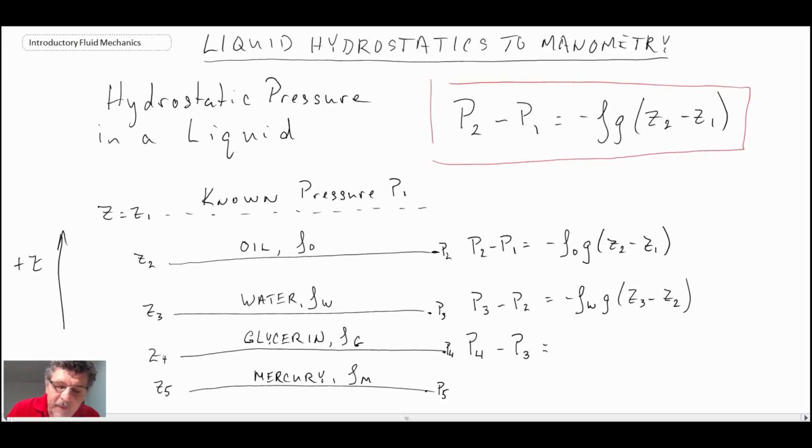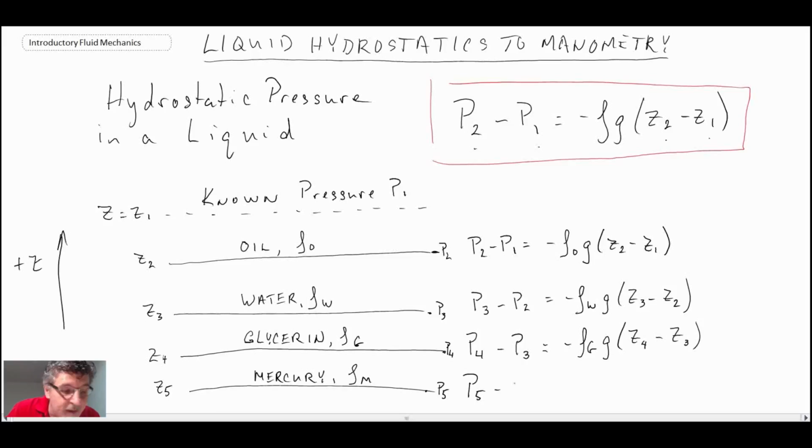For P4 minus P3, it would be the density of glycerin times the gravitational constant times the difference in, or the thickness of that layer. You have to be very careful to keep the convention 2 and 2 and 1 and 1 in your equation, which is what I'm doing for each of these expressions that I'm writing out.